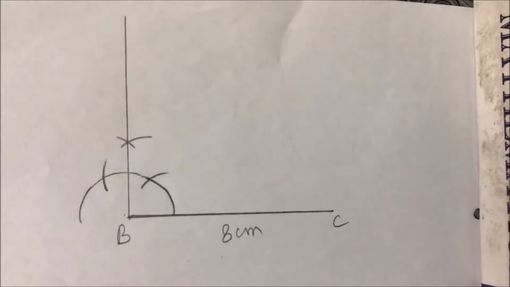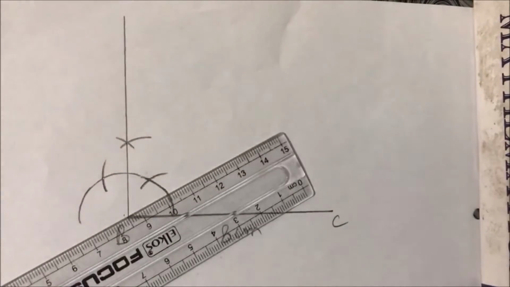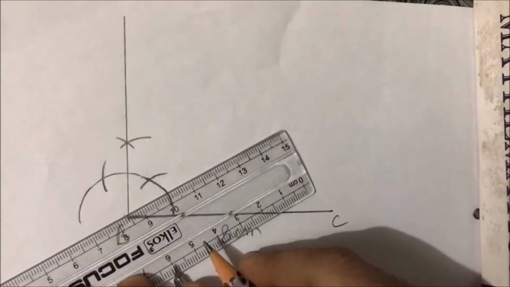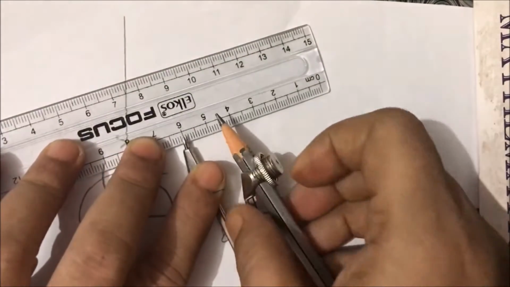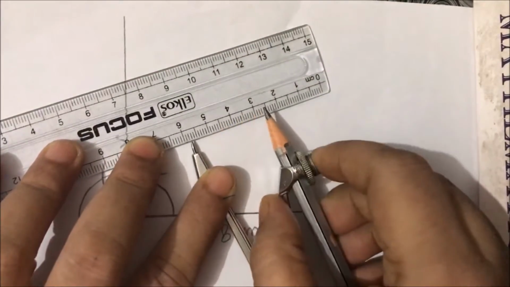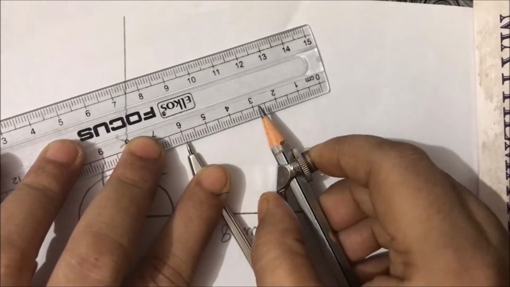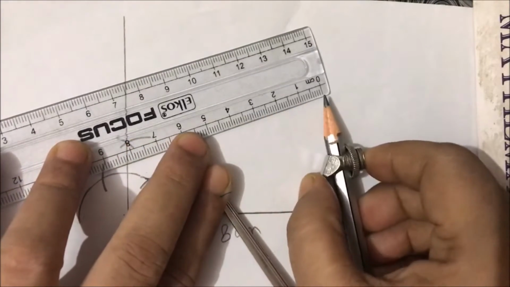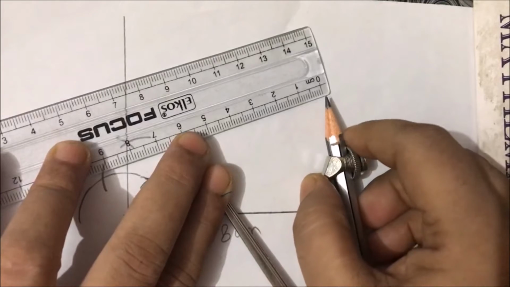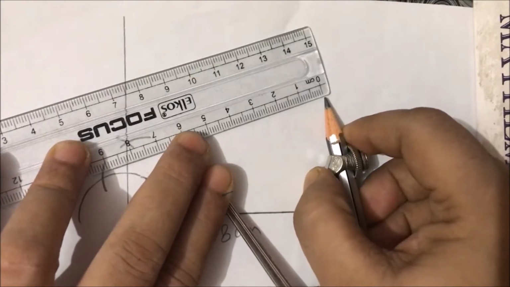Then BA is given 6 centimeters. So measure it using a ruler. See, 6. Measure it like this.